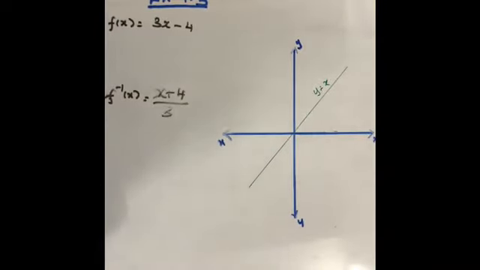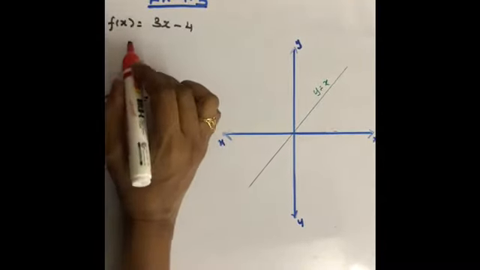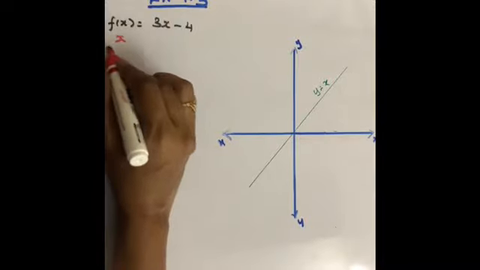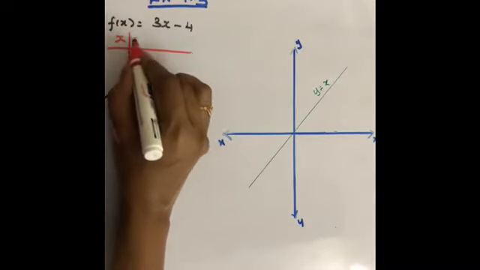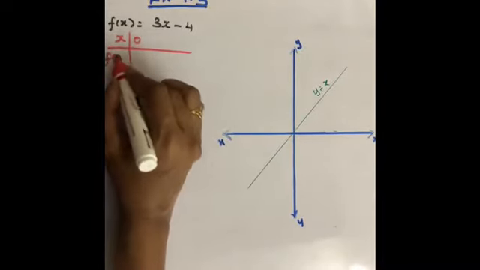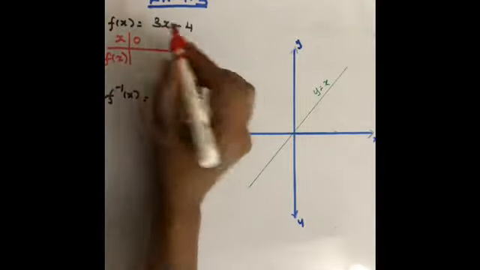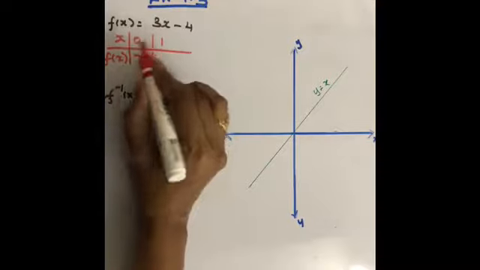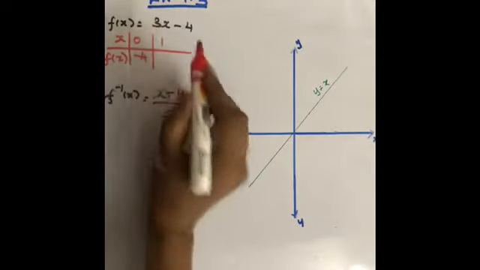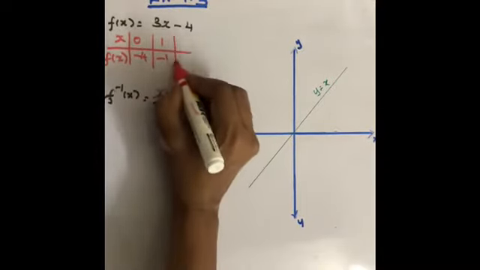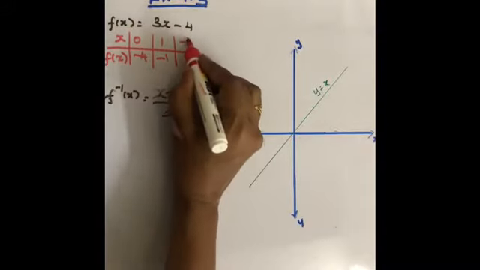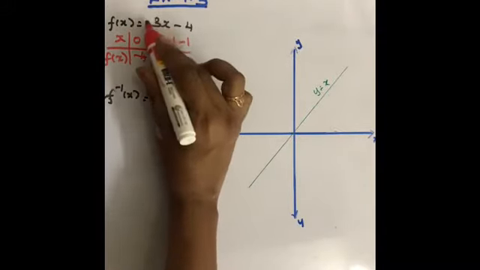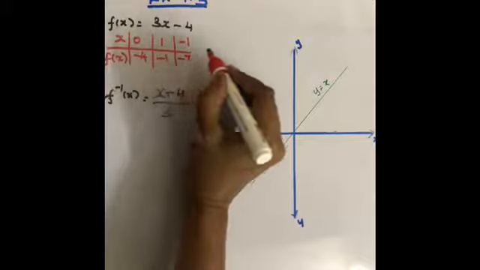We have to substitute a few points for x and find the value of f of x. So, if x is equal to 0, what will be f of x? Here 3 times 0 is 0, so it is minus 4. If x is 1, 3 into 1, 3 minus 4, so it is minus 1. If x is minus 1, it will become minus 3 minus 4, so it is minus 7.